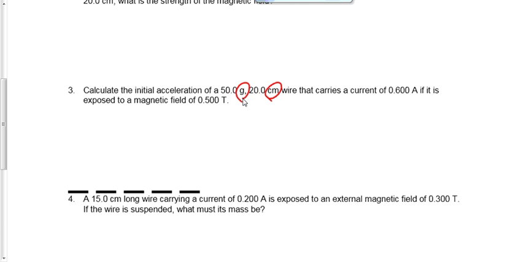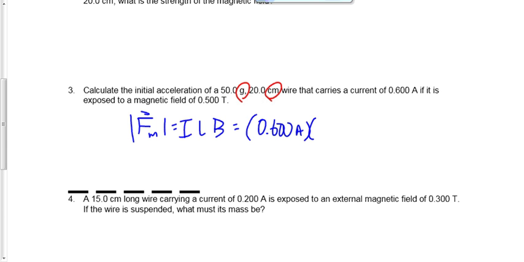So let's do this one here. Let's say the magnetic force here is equal to ILB, which is 0.600 amps times L, 0.20 meters, times the magnetic field of 0.500 Tesla.